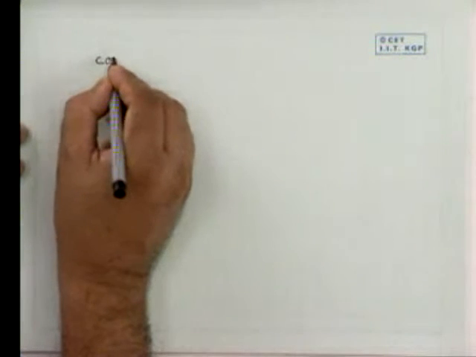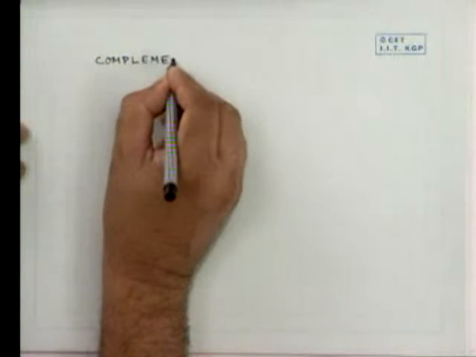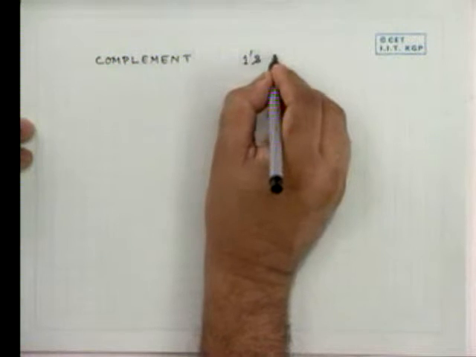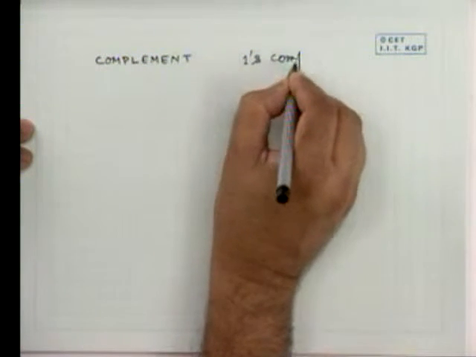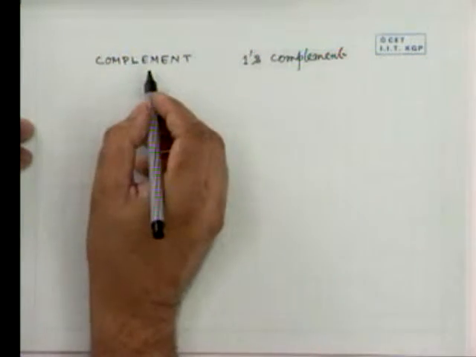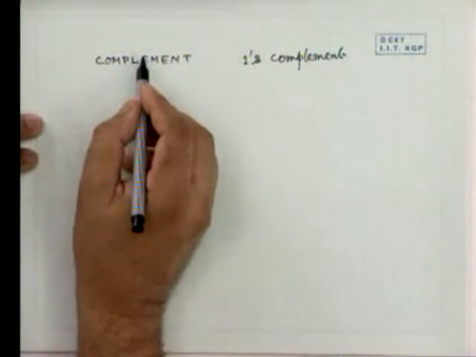Now these are our logical operations, and we get the complement operation. We generally take the one's complement. It is an operation which is also grouped under our logical operation group.